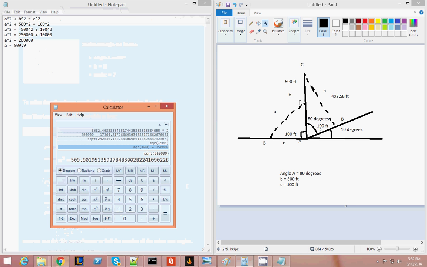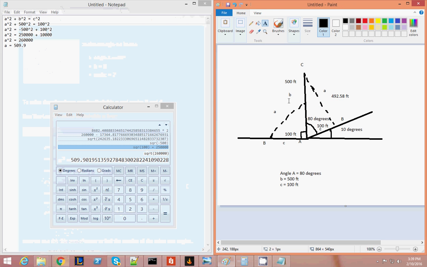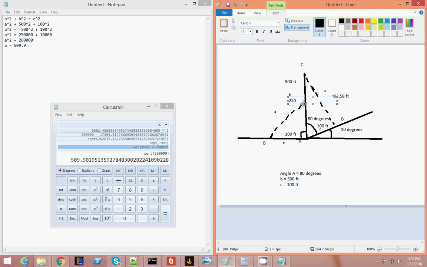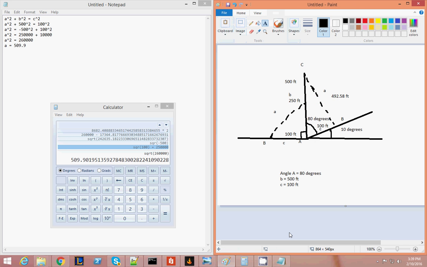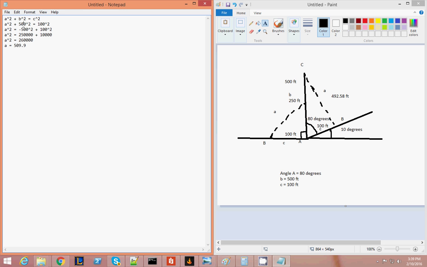So let's go back and let's figure out our answer again, now that we have correct inputs here. So we have 250 squared, but it's a negative, right? So now we get this number, which is a very different number. And we'll add this 62,500 to our 10,000, which will give us 72,500.